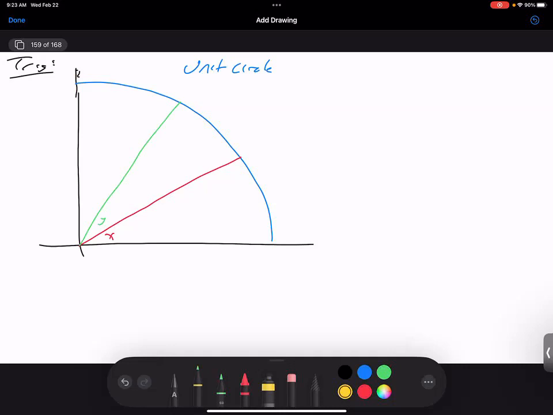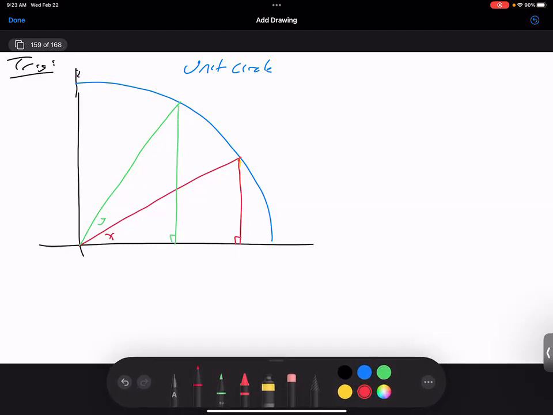So I'm going to drop, and I'm just going to keep dropping lines. So I'll drop a line coming down here, and that will give me a right angle. I'll make that red, actually. So I'll drop a line down here, and that gives me a right angle. I'll drop a line down here, and that gives me a right angle.